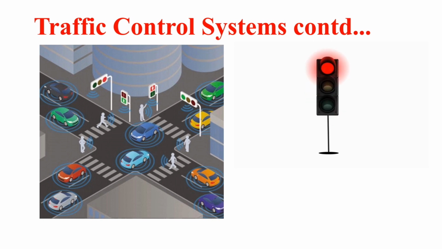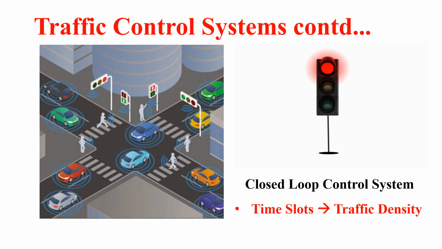So what we do is we'll fix the sensors everywhere, and whatever the input we have, that is fed to the computer. The timings can be dynamically changed by the computer. Such a system is a closed loop control system. If we can change the time slots dynamically using the actual density of the traffic, the same open loop control system now becomes a closed loop traffic control system. So this is the first example.